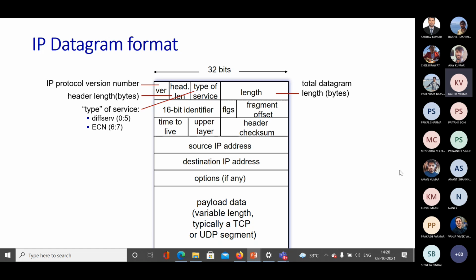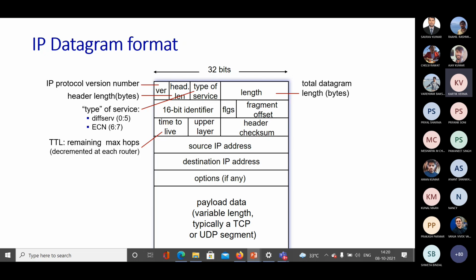All right, so we have different services. This is the time to live field, as I told you, which determines the maximum number of hops or maximum amount of time that your packet can live for. When we are talking in terms of networking, we generally consider this in terms of hops.